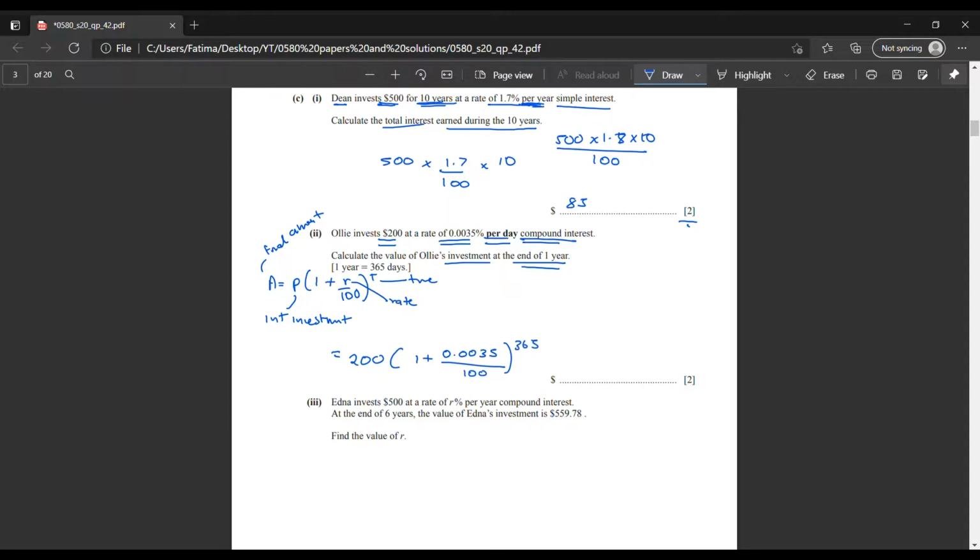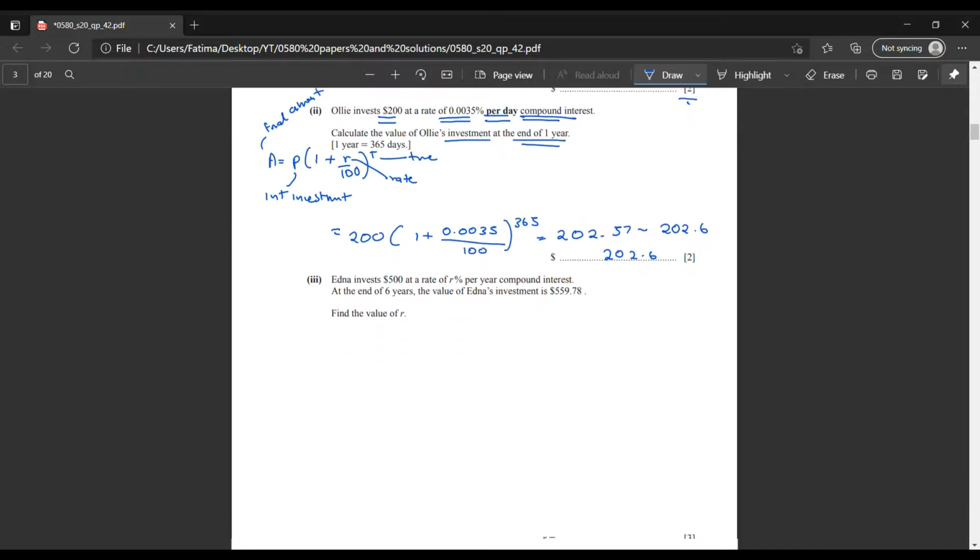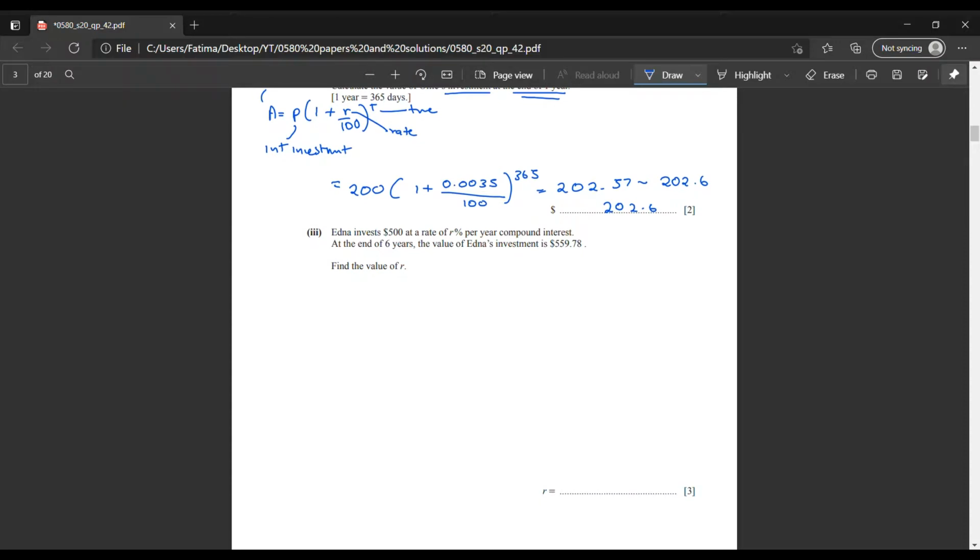So that will be, let me see, 202.57, which can be rounded to 202.6. And that's our answer.